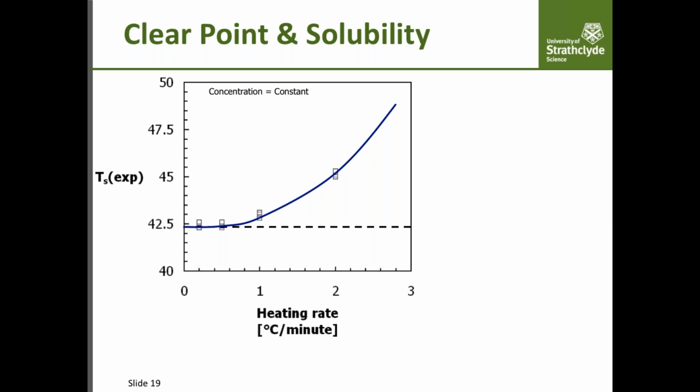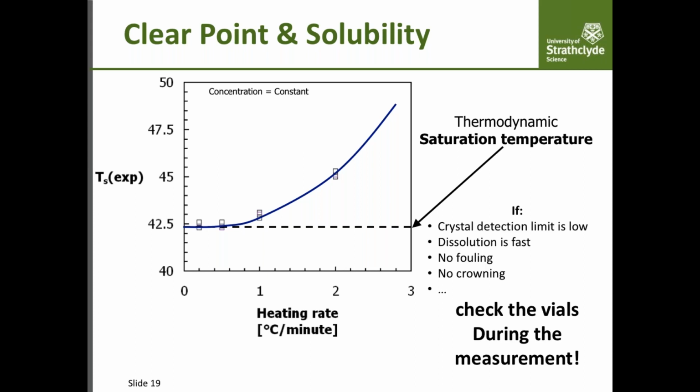The actual saturation temperature would be the one where your heating rate would approach 0. But we have to make a balance between the fastness of the measurement and the accuracy of the solubility we want. So in our case, we often use 0.3 degrees per minute as a good heating rate.